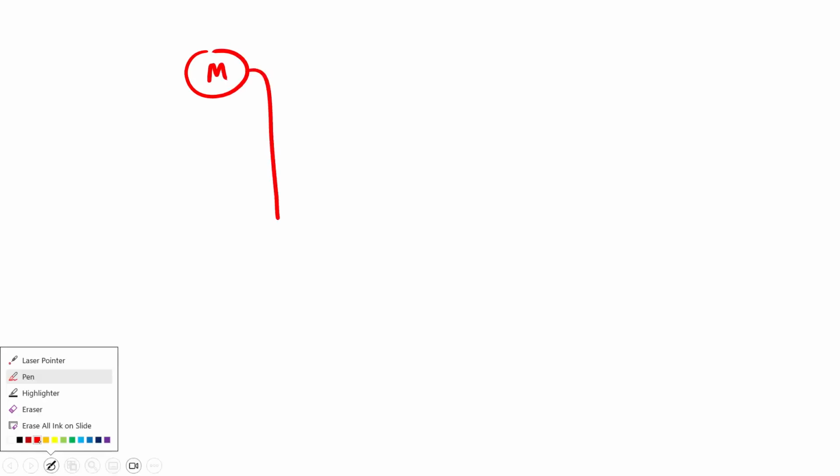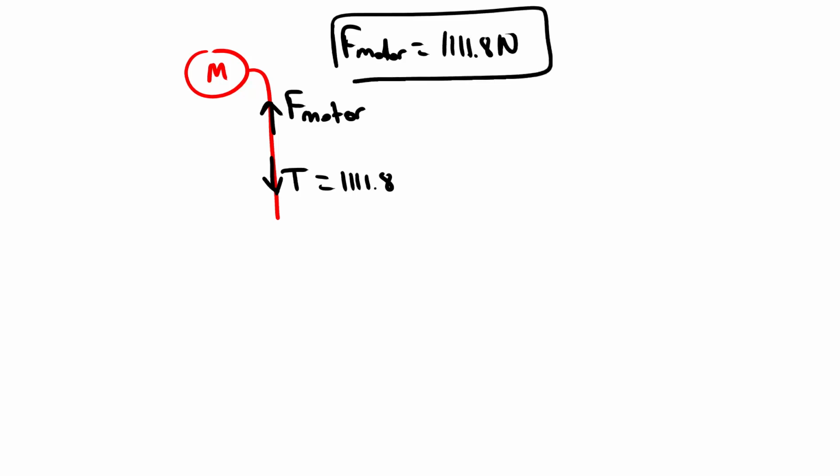So we have the motor here, and it pulls the rope up with the force by the motor, and then we have the tension. You see, this tension was 111.8, and that means that the force by the motor is also 111.8. That part has been solved.